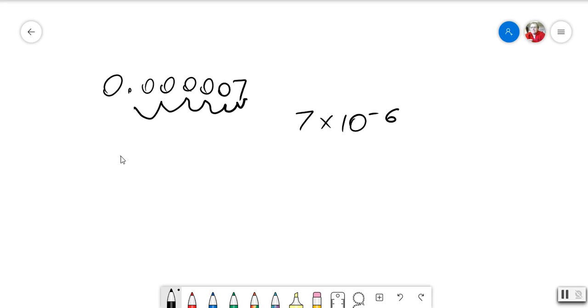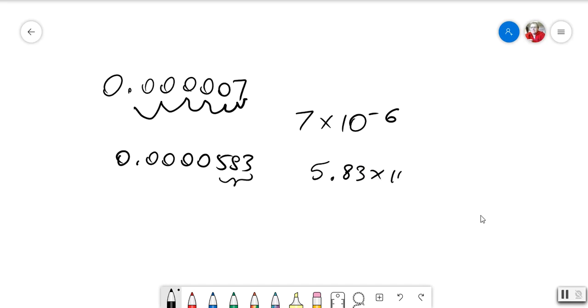If you had something like this, once more, take that mantissa, slap a decimal after the first digit, times 10 to the negative 1, 2, 3. Easy as that.